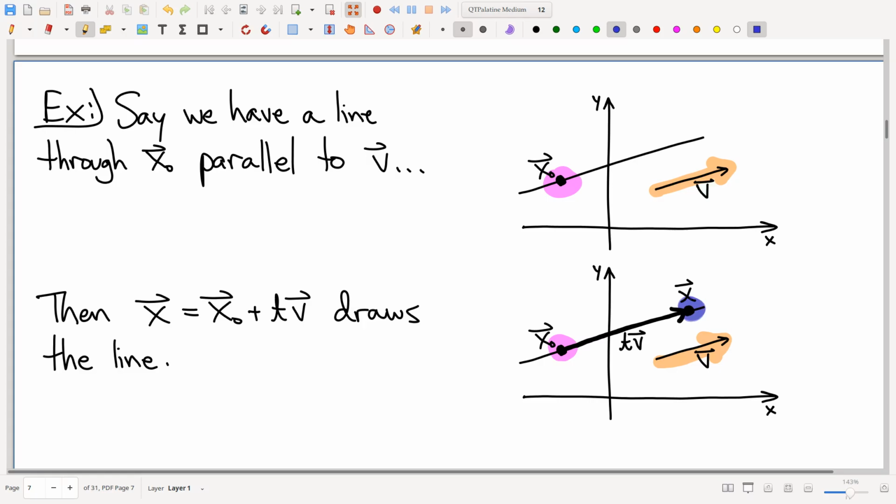If I have another point on the line and I also have the original point on the line, and I look at the difference, that difference vector is parallel to the line, geometric appeal. And if it's parallel to the line, and of course V in the first place was parallel to the line, then this green vector is a scalar multiple of V. And so I can write it as tV, just a scalar multiple of V.